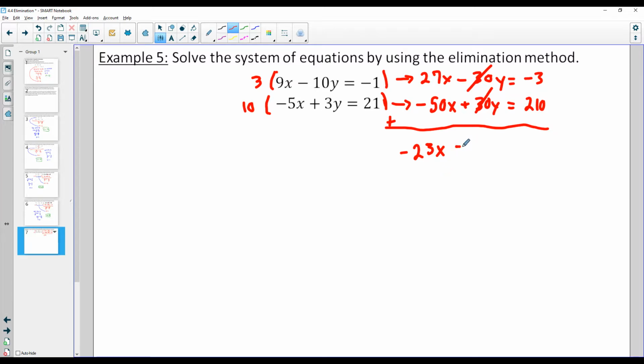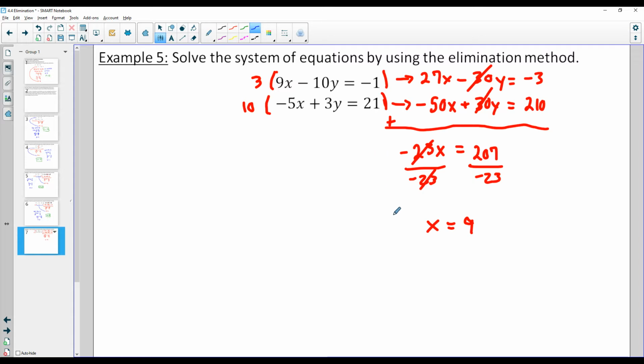And equals, because those canceled, negative 3 plus 210 is going to be 207. And then if we divide both sides by negative 23, use a calculator for that one, we're going to get x equals 9.